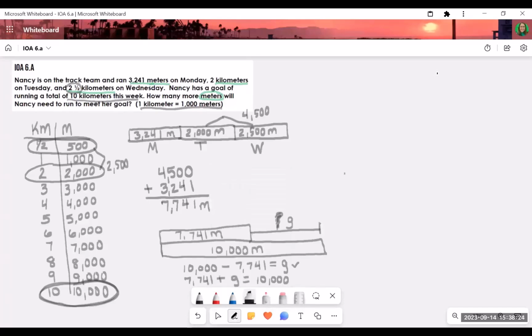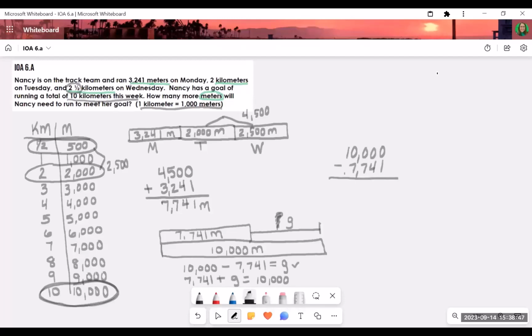So I'm going to come over here and solve this. A lot of students have difficulty subtracting across zeros, especially if they're trying to use the standard algorithm, because there's so much regrouping and it gets very confusing.